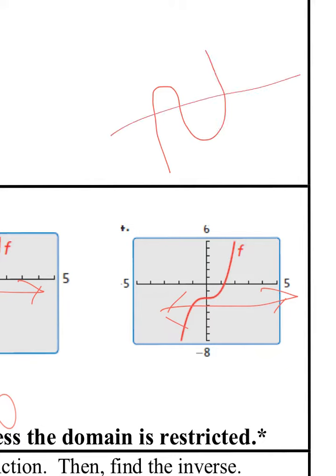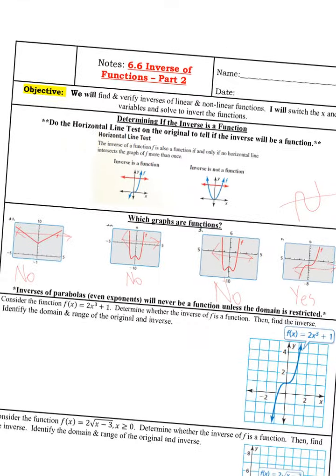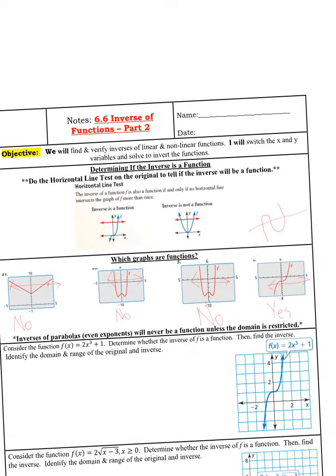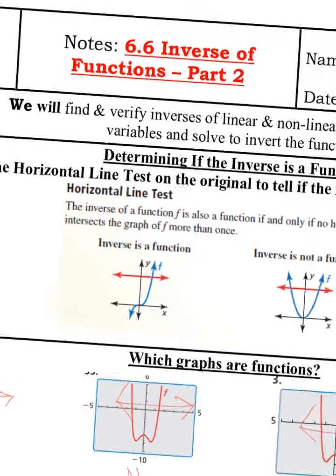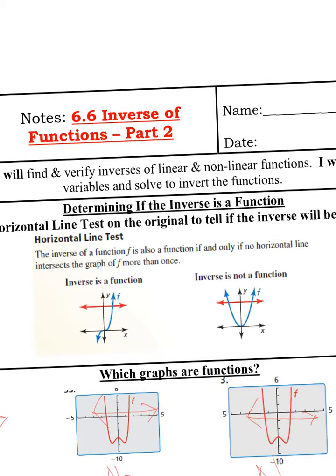If it dipped like that, then it would be no. So it's really hard to tell with this one, but I'm going to go ahead and just say yes, it doesn't look like it's dipping that far down. So we'll say yes, the inverse will be a function. All right. And you see they had a similar looking one for their example. This is just a snapshot from the book right here.